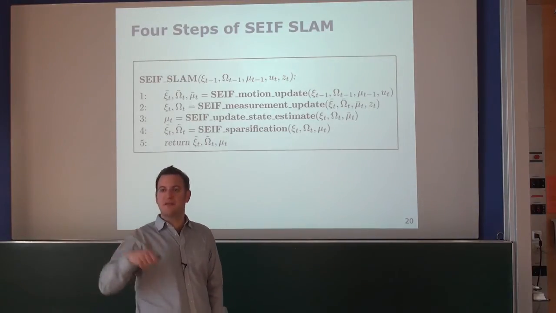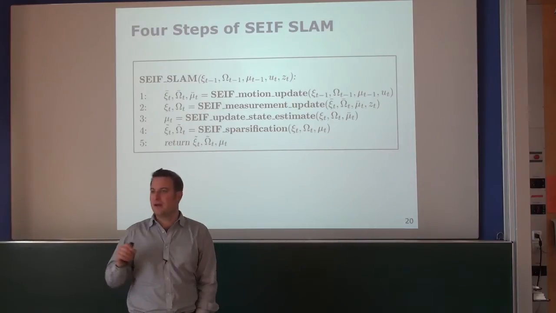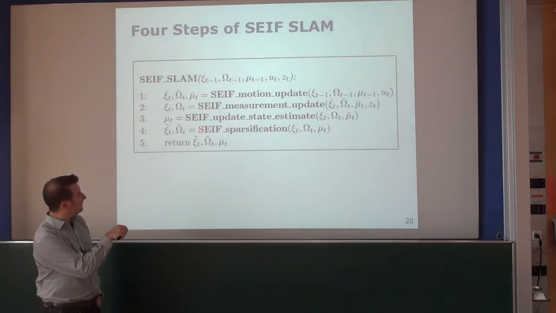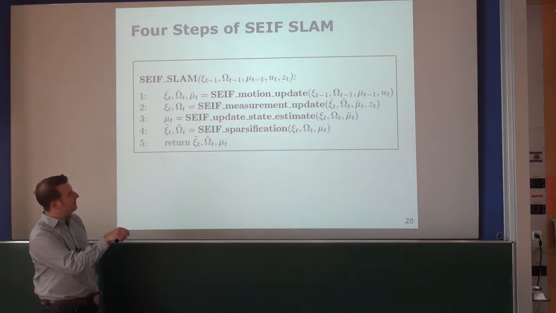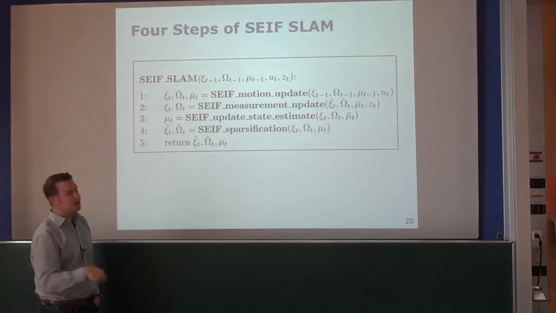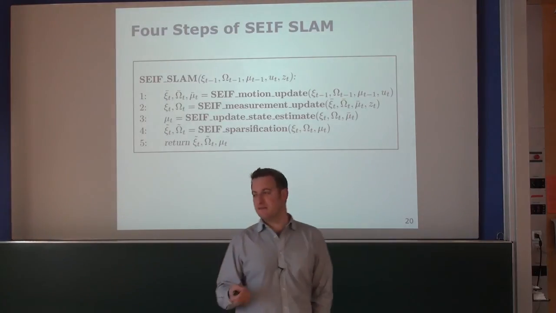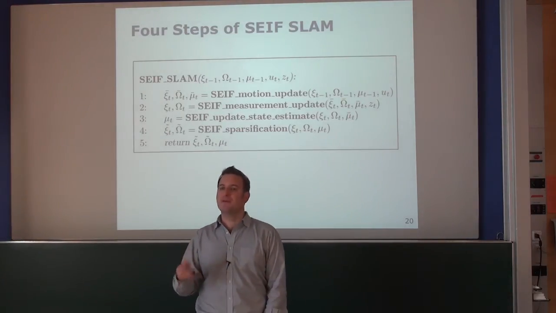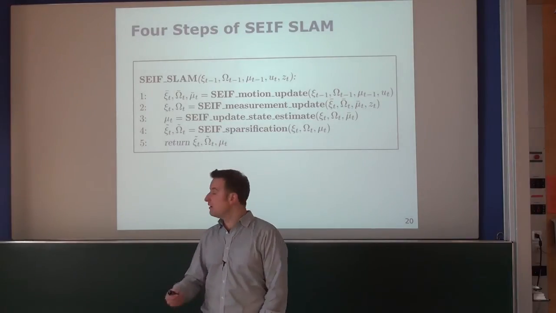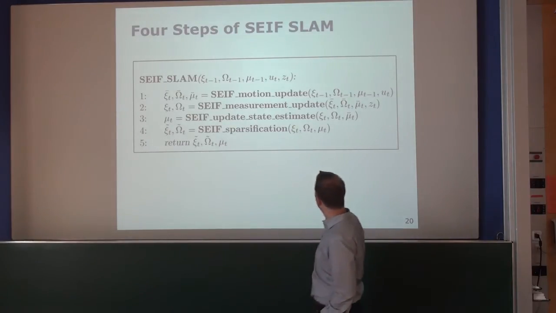And I need the corrected mean then for the sparsification step. And for that reason, there is the update state estimate function over here, which we will only look into very quickly, which kind of updates the mean, so kind of estimates, approximates the corrected mean given the information vector, information matrix, and the predicted mean.